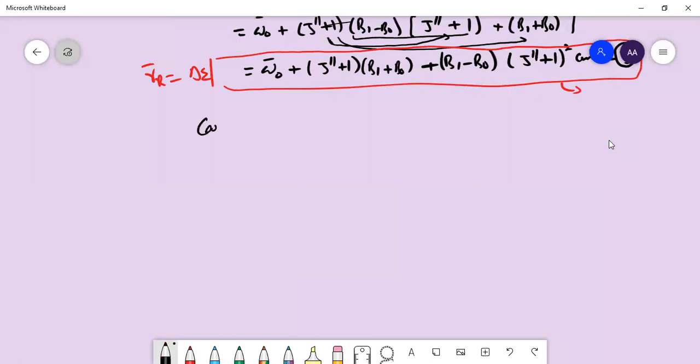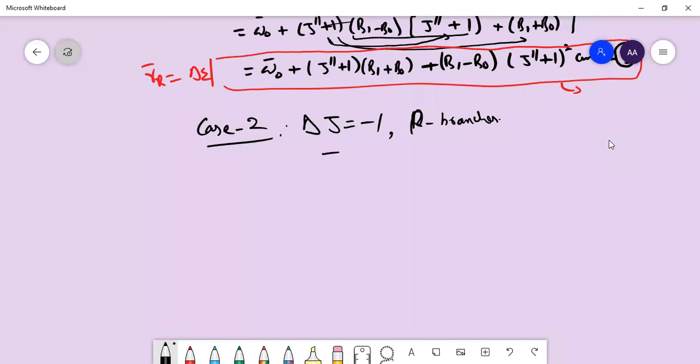Now we have case number two, in which we consider delta J is equal to -1. Delta J equal to -1 means now we are considering our P branches, which means we have the branches which have less frequency as compared to our band origin.